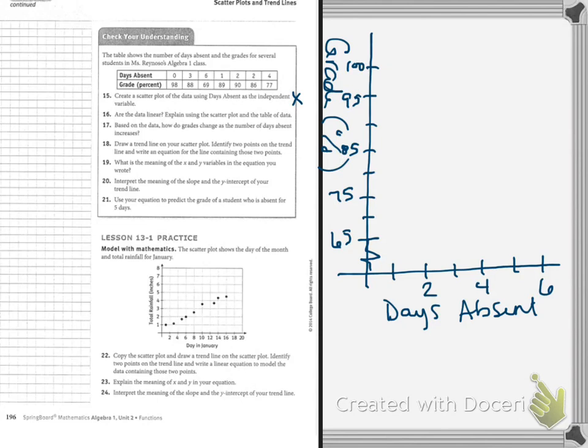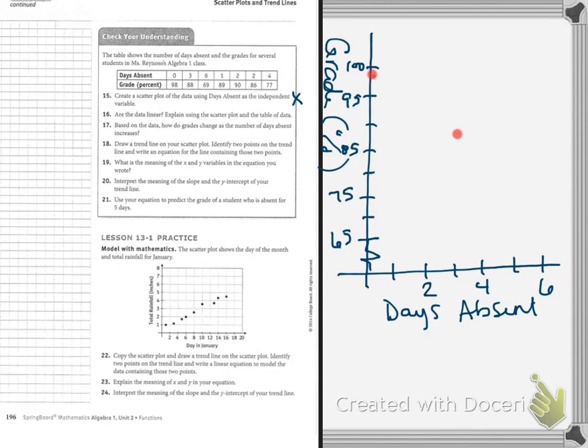So when we do our scatter plot, 0 days absent, you have probably a 98. Let me make this a little bit bigger. Okay. 3 is an 88, and we're just estimating here.